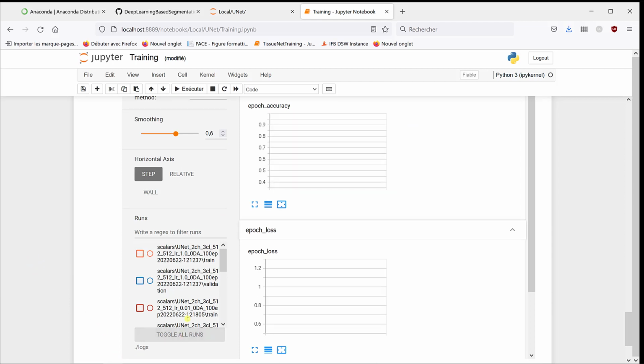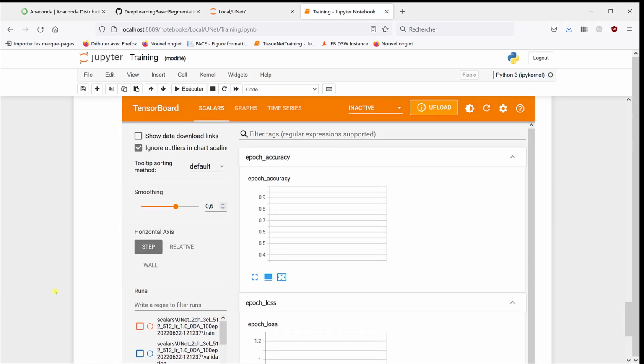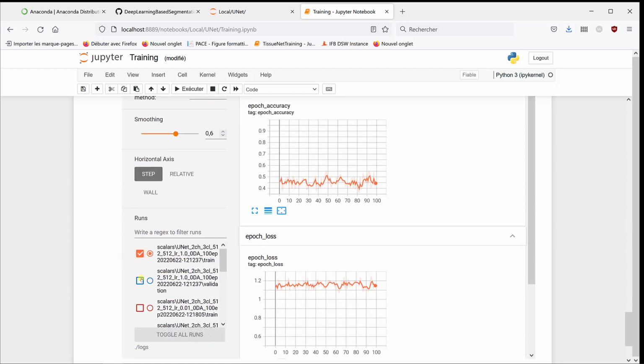I'm going to just remove it and start with the one with a very high learning rate of 1. As you can see, for the training curves, the orange curves, the accuracy and the loss are just not converging at all.